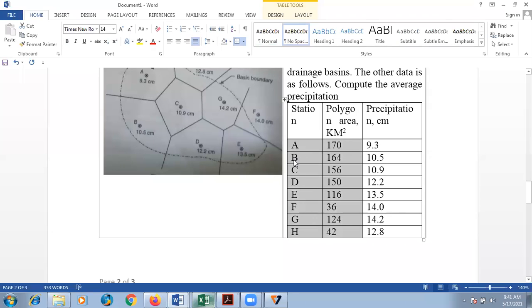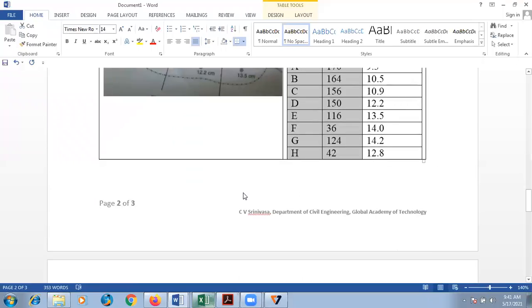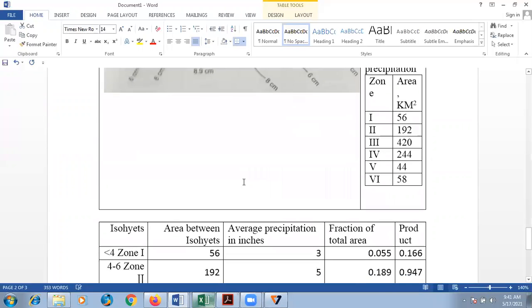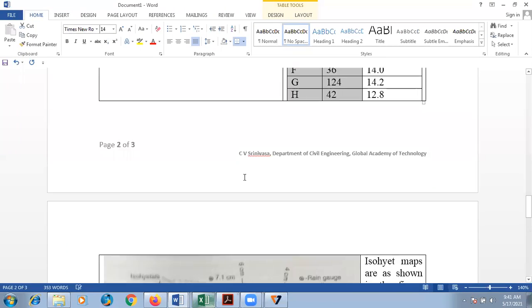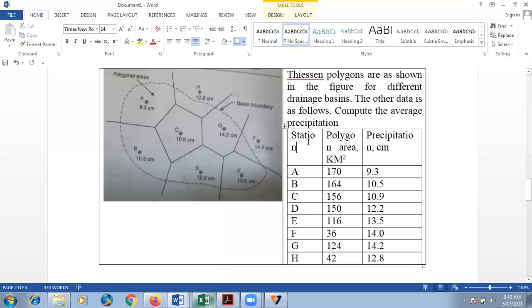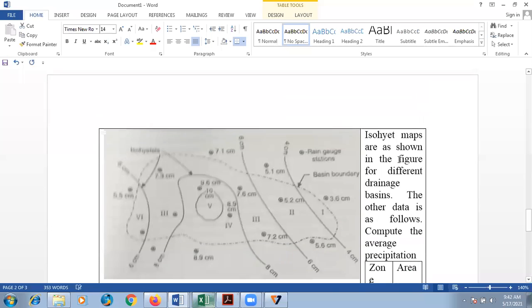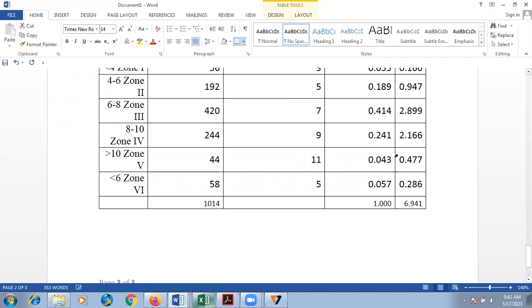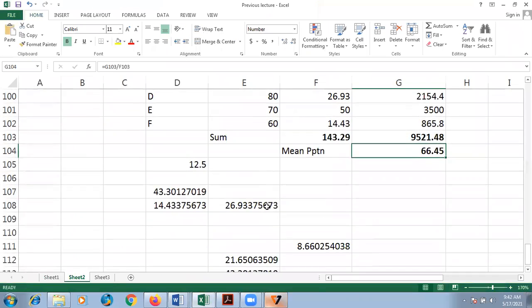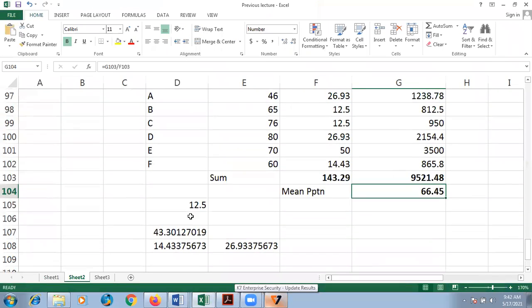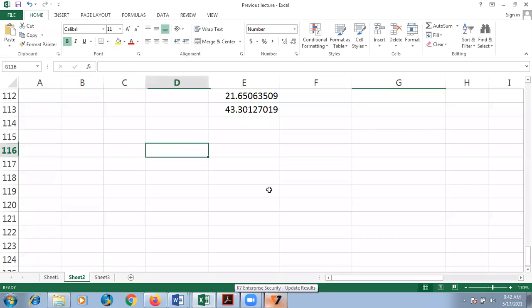Now the next step for the mean precipitation value: in a similar way, you have the tabular column. I will take this tabular column as it is. In a similar way, you would do that. I will show you.